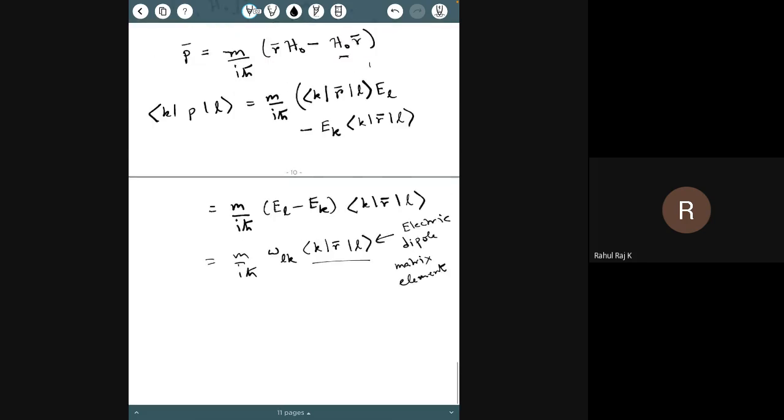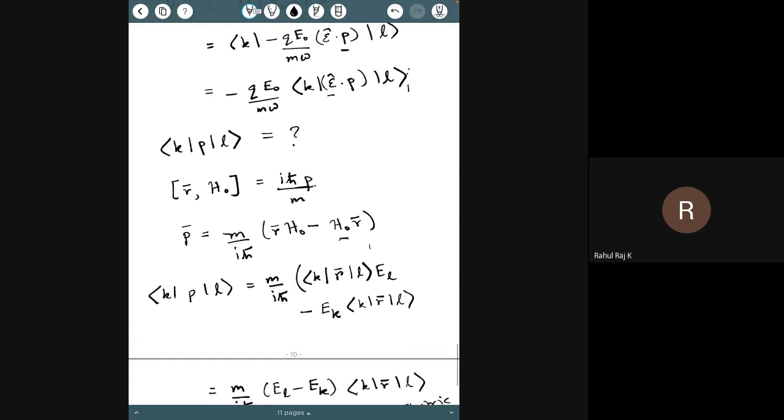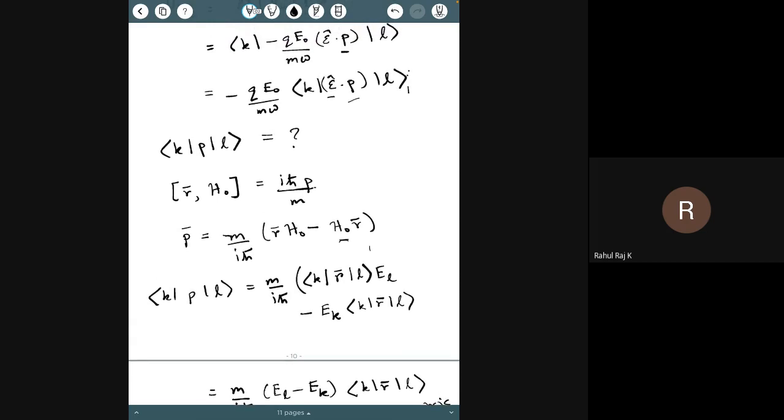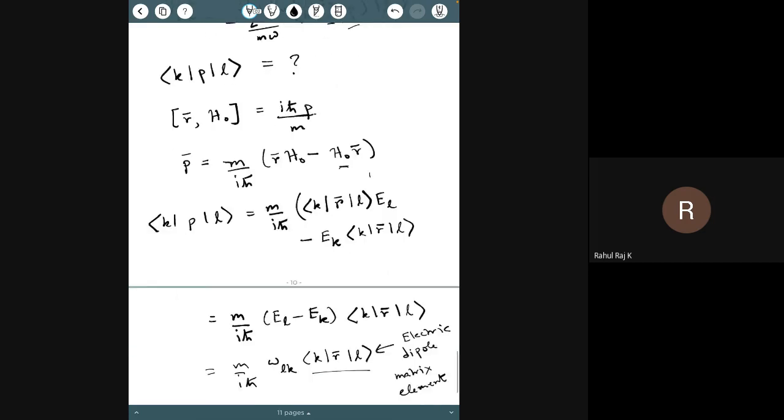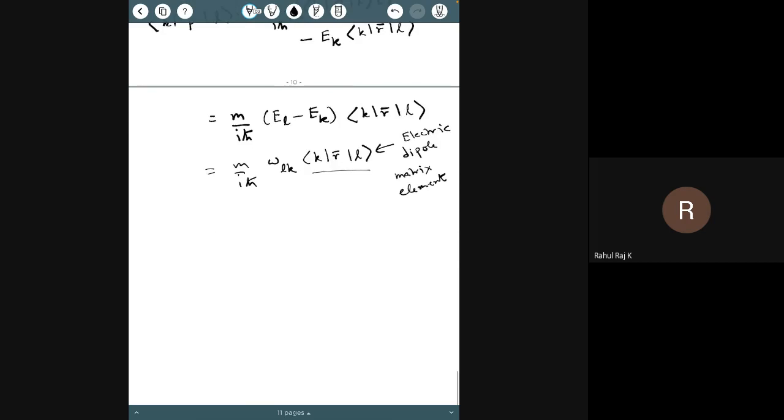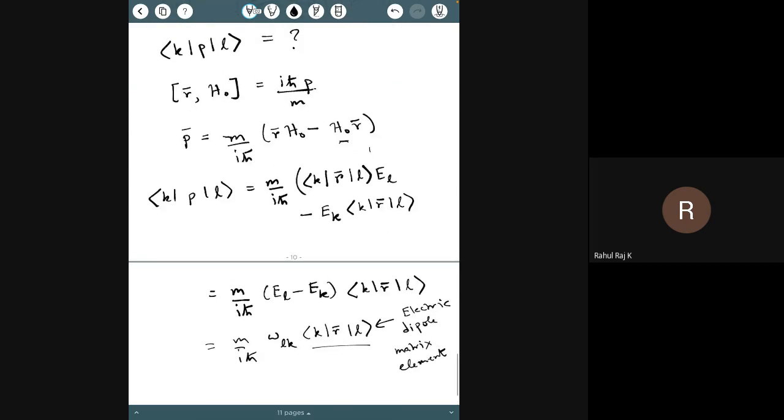If you just stopped here with the momentum form, then you would have to take derivatives of your wave function when you evaluate the integral. But because of this relation, you can simplify it to just an integral of x, y, and z over two states.